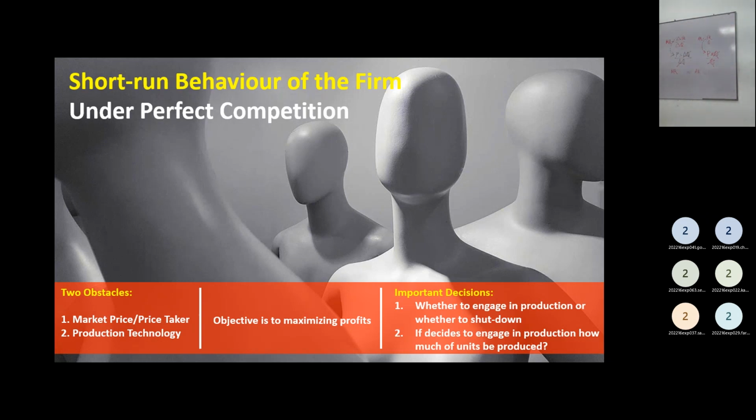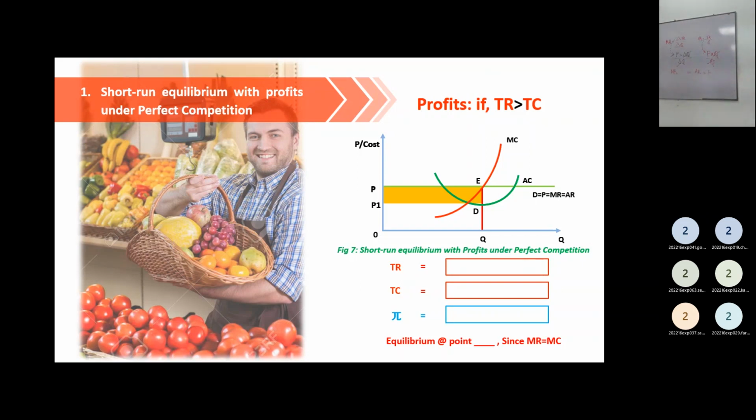The first one is that they have decided to continue, they are doing the production, and they are making profits. This is the point where you have to incorporate your whole costing knowledge and the perfect competition basics. Usually you earn profits when your total revenue is higher than your total cost, and also when your selling price is higher than your average cost per unit.